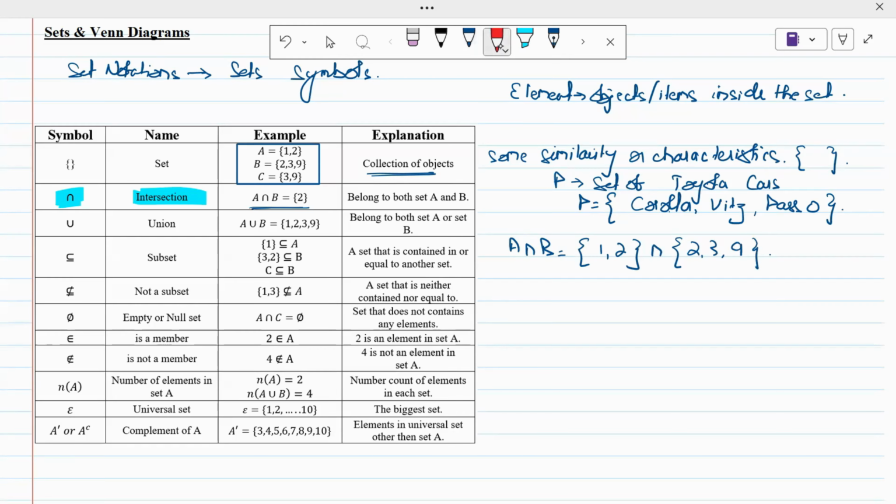Intersection always means you pick the common elements between the sets. For these two sets, there's only one element common, which is 2. So it results in 2.